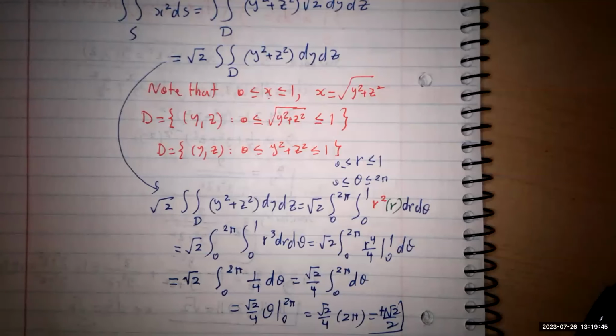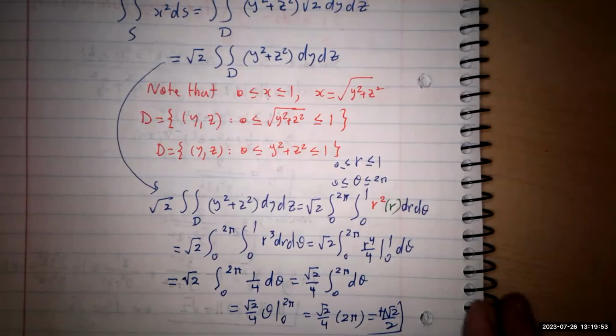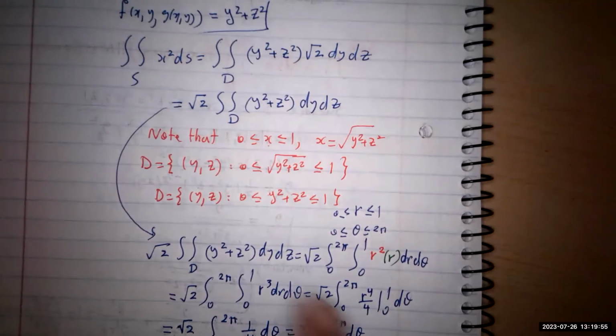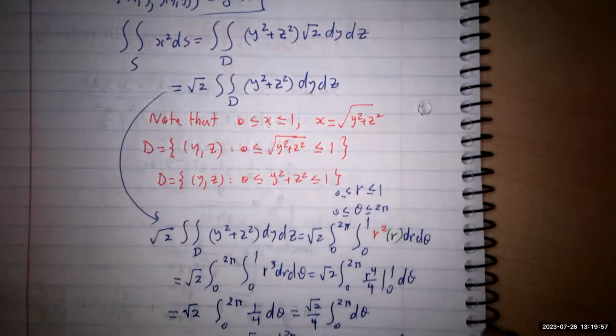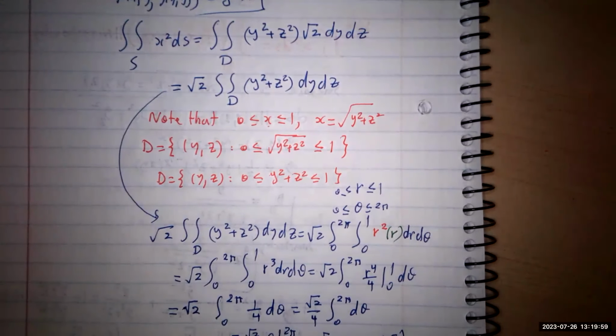Okay, it's a nice procedure if you keep it in order. There is nothing to worry about. Just think about that integral that you start with, x squared ds. It's like a substitution method that you did before. Really, your x squared is over the given surface, so you have to change it.